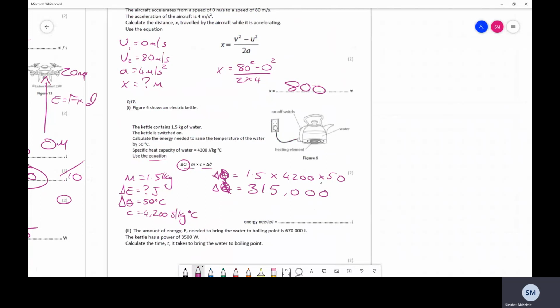Now, what I did there was a common sense check. I saw that I'd written delta theta, which means temperature, and I got 315,000. What? I'm talking about the wrong thing. This is the change in energy, delta Q. And that does actually make a lot of sense. If you need 4,200 joules to make 1 kilogram go up by 1 degree Celsius, if I've got 1.5 kilograms of water going up by 50 degrees Celsius, then I'm going to need a much bigger number than that.